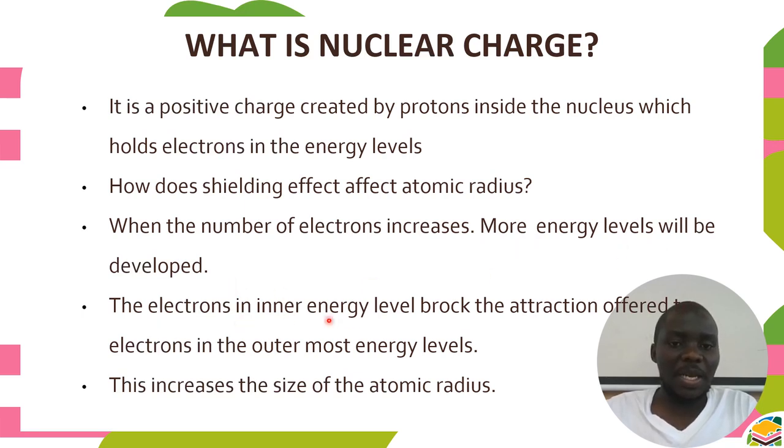So the electrons in inner energy levels block the attraction offered to the electrons in the outermost energy level. This makes the outermost energy level extend outward, increasing the size of the atomic radius. This is how shielding affects the size of an atom.